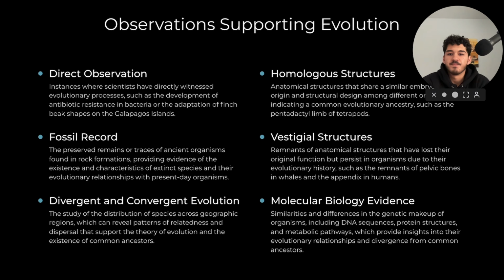Fossil record basically helps us connect ancient organisms together and have a timeline that we can visually see. So there comes Georges Cuvier again. Divergent and convergent evolution, this is pretty important and we'll dive into it deeper. Homologous structures, also important. Vestigial and molecular and biology evidence. And there's also biogeography evidence. These are just similarities and differences in genetic makeup and protein structures.